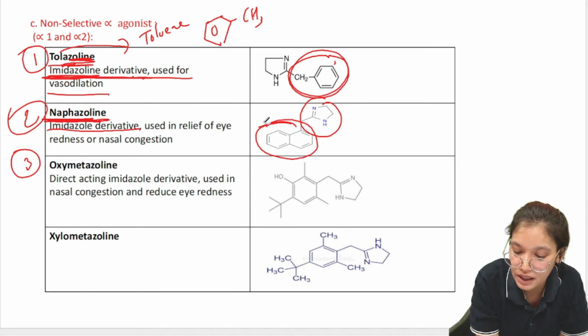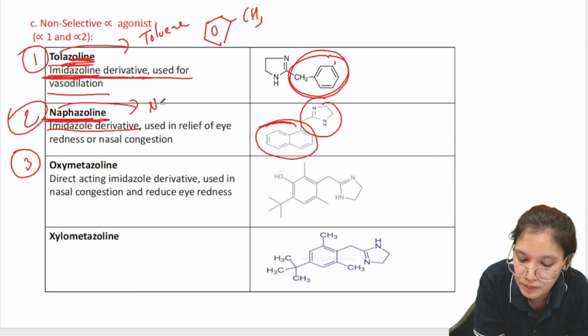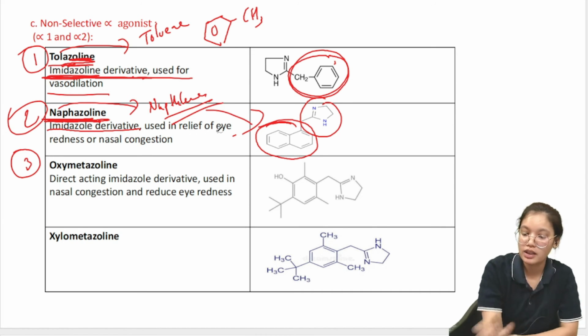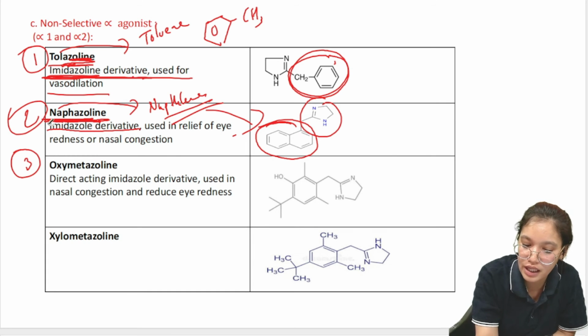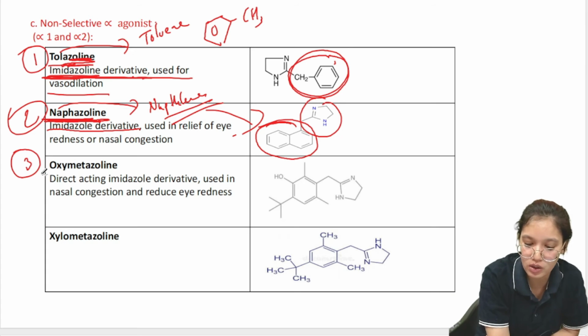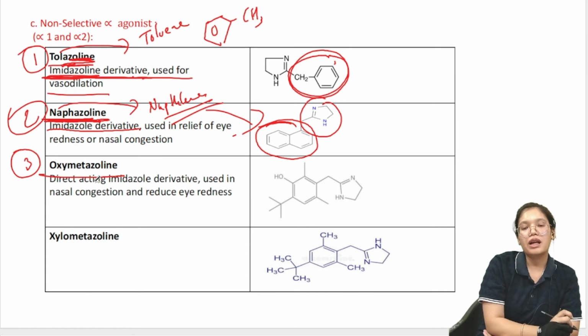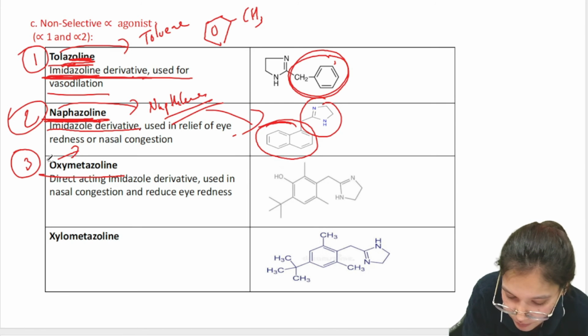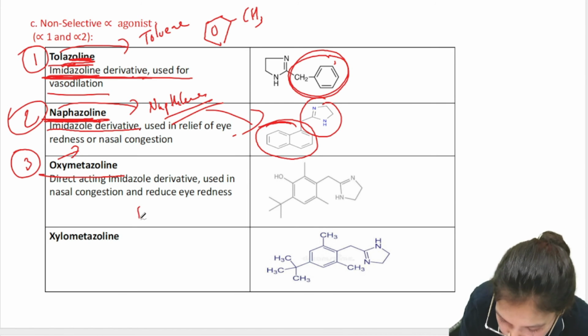From naph you can say naphthalene. So this is basically the naphthalene ring. So a naphthalene ring attached to an imidazole ring, naphazoline. Okay, now third is oxymetazoline. Okay, so from oxy you can say hydroxy.